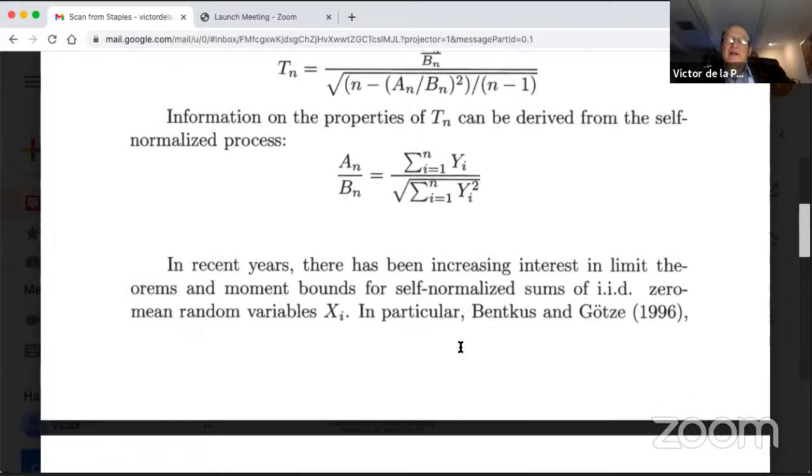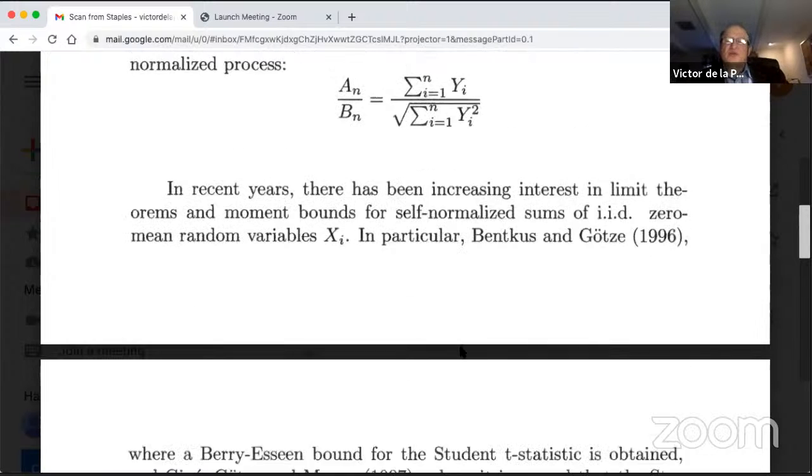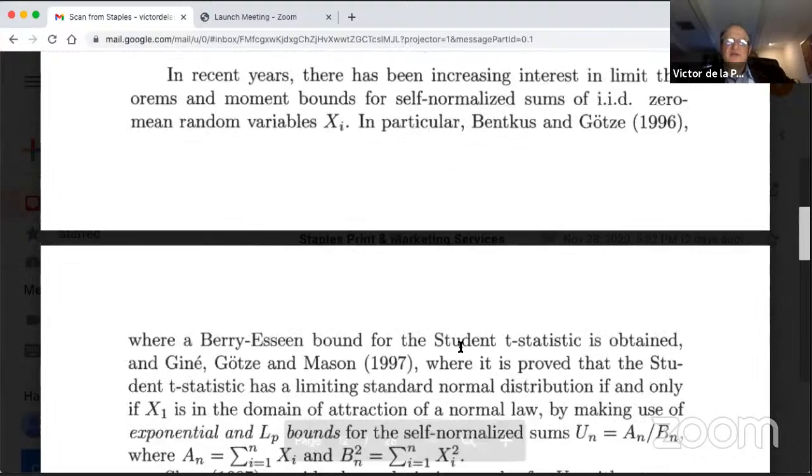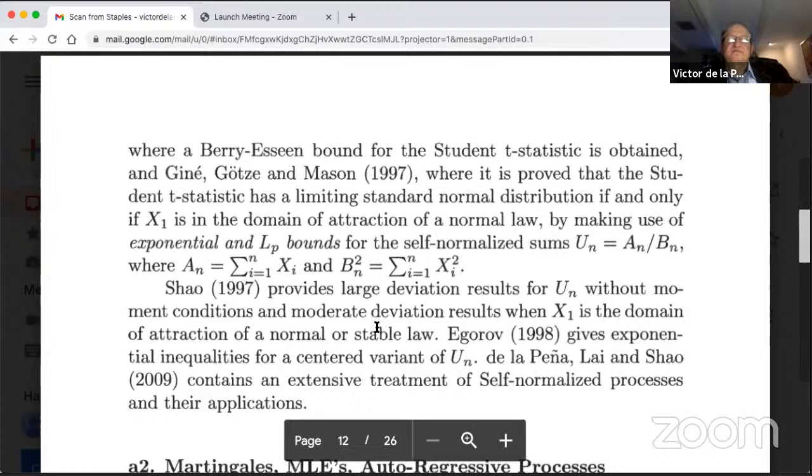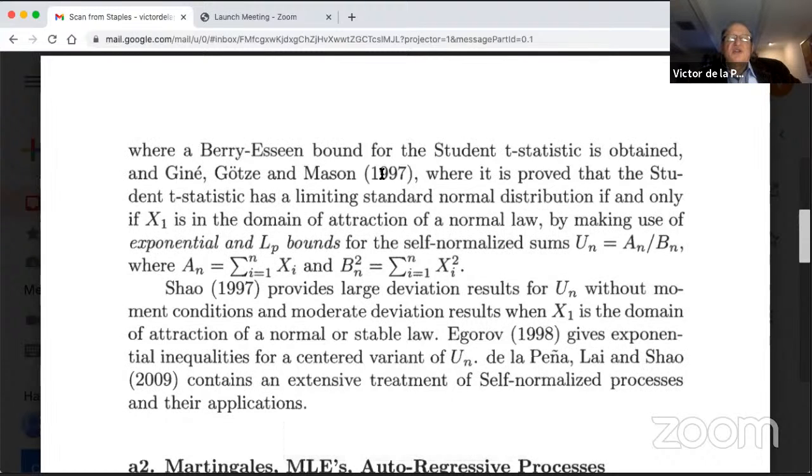Then I guess there will be more information on these things. Okay, so in 1997, Giné, Götze, and Mason obtained a Berry-Esseen bound for the Student t-statistic. So this is relatively recent, 20 years.